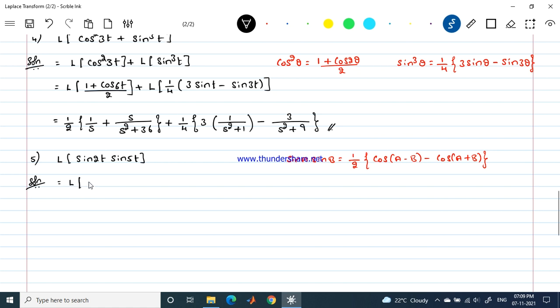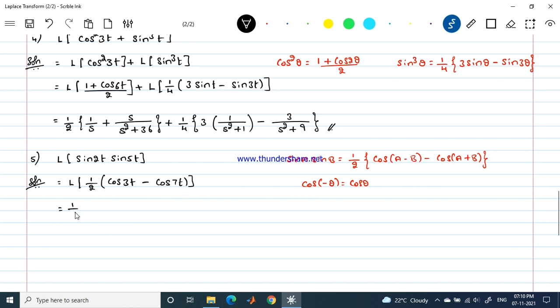Laplace of 1 by 2 times cos of 2t minus 5t, that is cos of minus 3t. We know cos of minus theta is cos theta. So cos of minus 3t becomes just cos 3t, minus cos of 2t plus 5t, that is cos 7t.